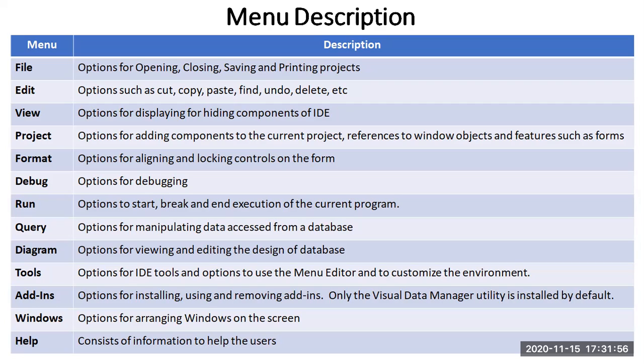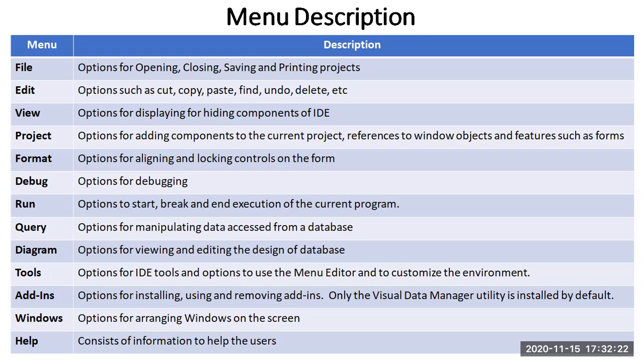The Debug menu has options for debugging. The Run menu has the options to start, break, execute, and end execution of the current program. The Query menu has the options for manipulating data accessed from a database. The Diagram menu has the options for viewing and editing the design of databases.